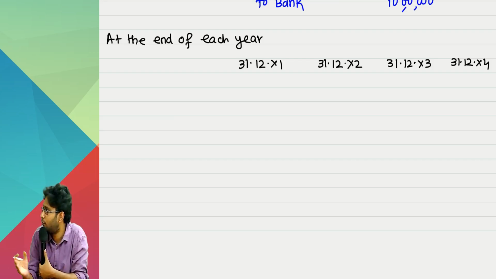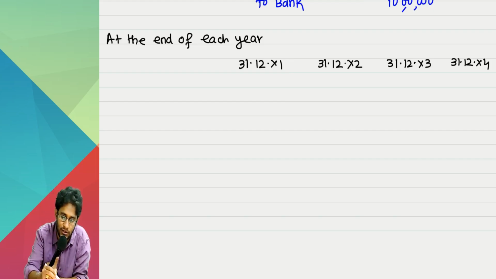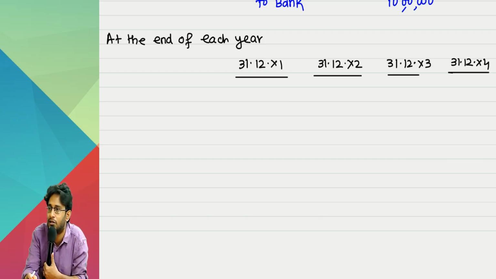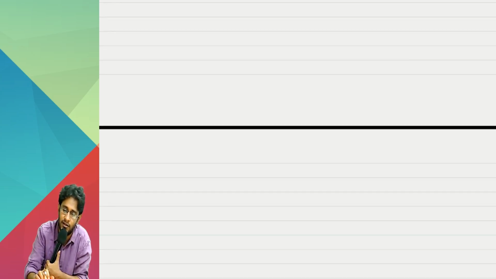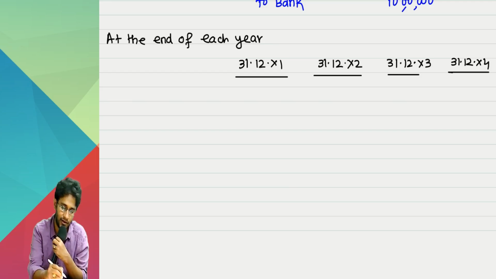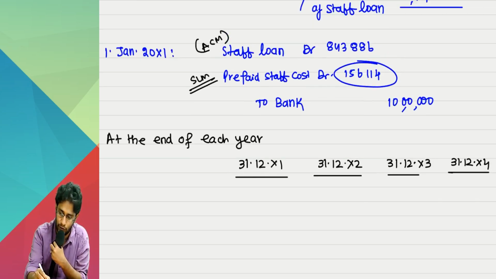But he'll say you are not writing the entries, sir. In real life you will not write entries; a system will write them. But they are expecting you to write 4 entries every year, so for 4 years that means 16 entries you have to write, plus 1 or 2 extra entries for the modification. Hands will pain, sir.